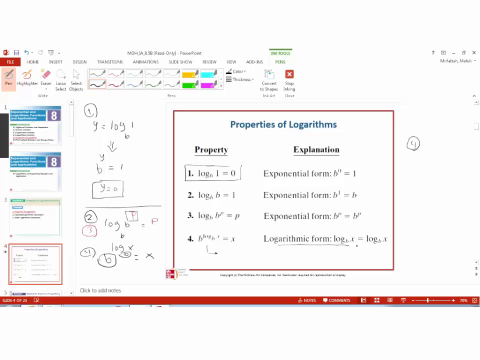Remember, the base is b in this case, the same as the base of the logarithm. So this would be b to the power of log of b to the power of x. All this stuff here must be equal to log of x. So that's why it turns out to be x.